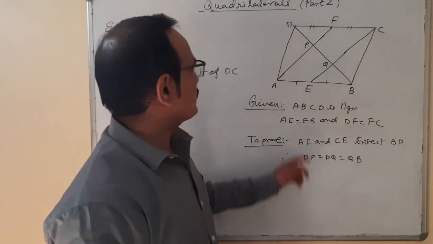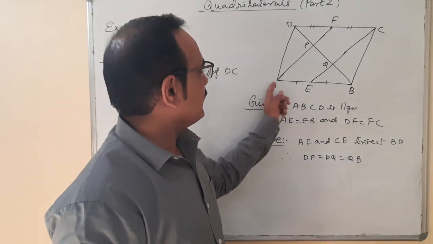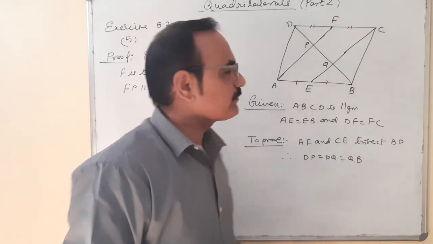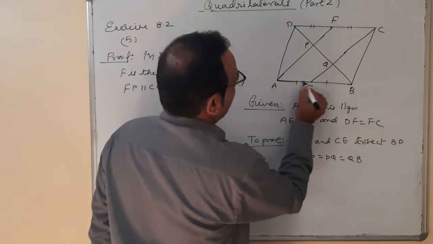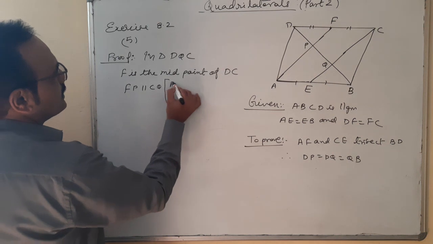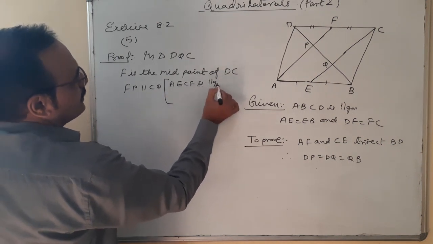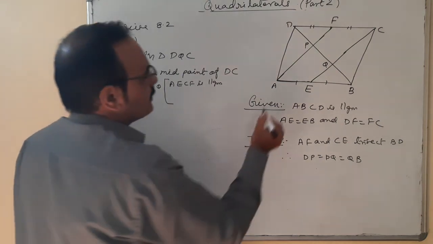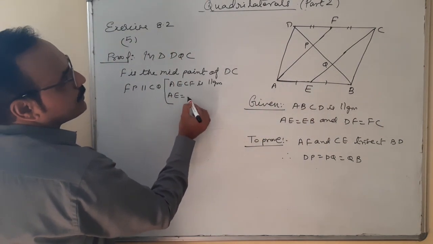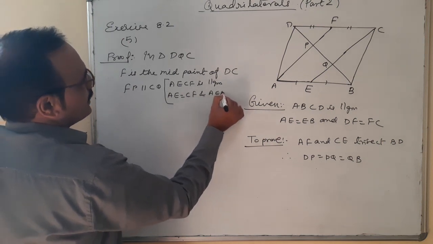You can see this quadrilateral AECF. Since ABCD is a parallelogram, AECF is also a parallelogram. Reason: AECF is a parallelogram because AE is equal to CF and AE is parallel to CF.